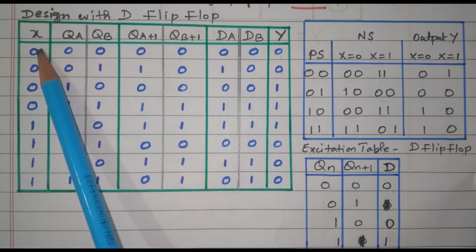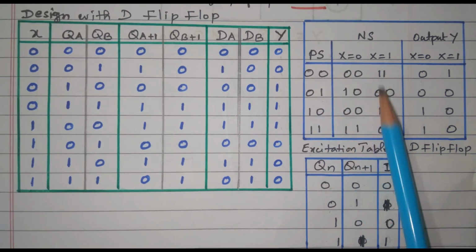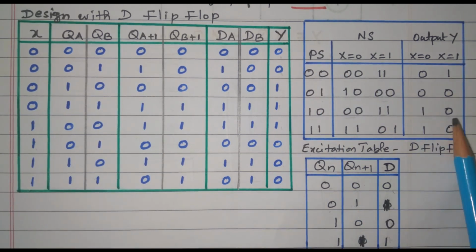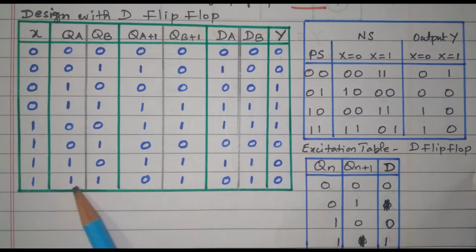So for the first 4 cases the input is 0, and for the next 4 the input is 1, right. The output depends upon this value. The last one is 11 to 01. What is the input? 1. What is the output? 0, right.